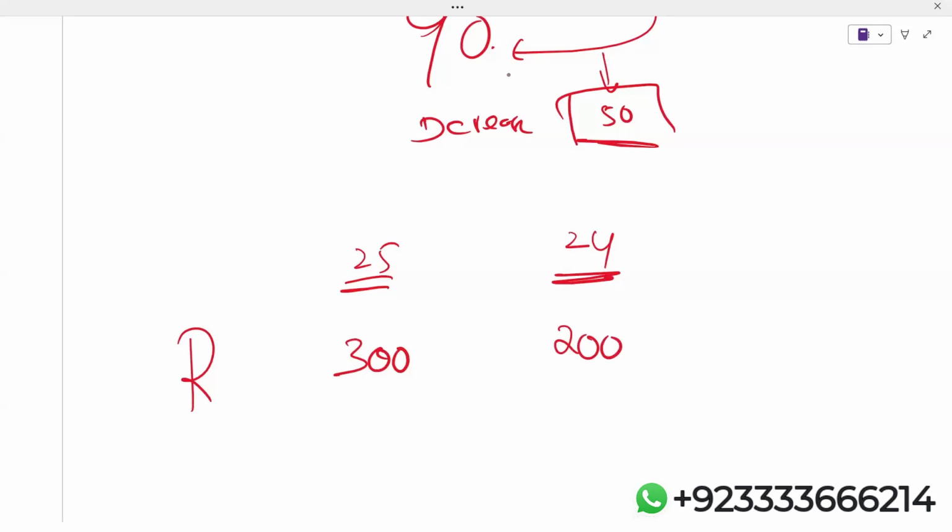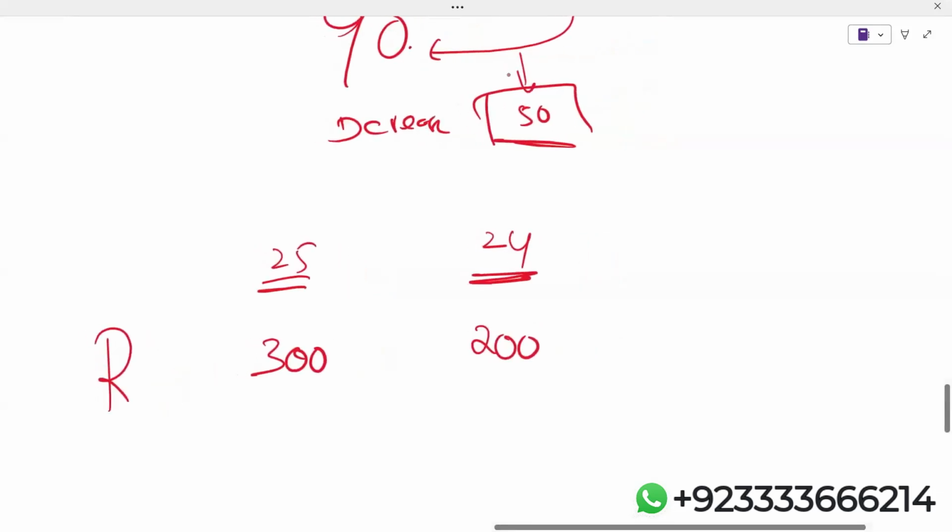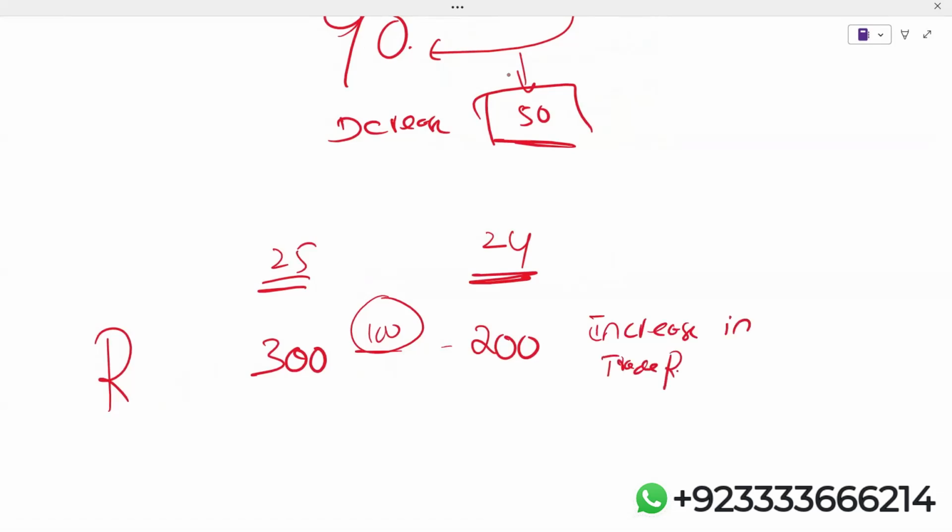It's the group SOFP. Previously, the balance was 200 million. In the current year, which is 25, the balance is 300. So in the group cash flow statement, you can see there's an increase of 100 million in trade receivable.